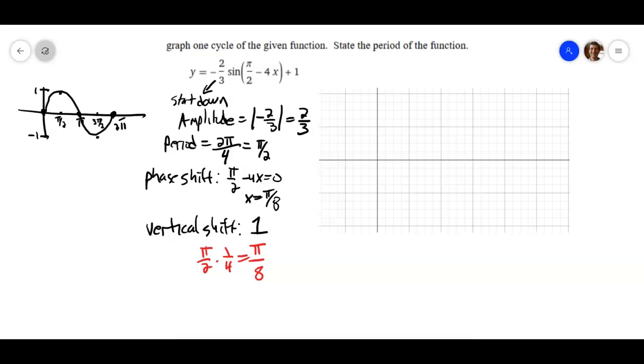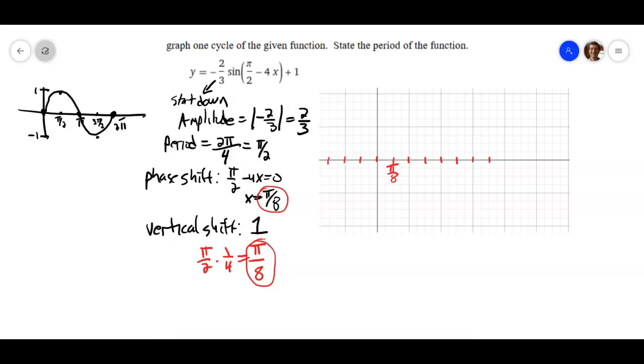So comparing the phase shift and 1/4 of the period, the smaller of these is how I set up the tick marks. I'm going to use just pi eighths since they're both the same. So each of these tick marks will be pi eighths apart. So this is pi eighths.